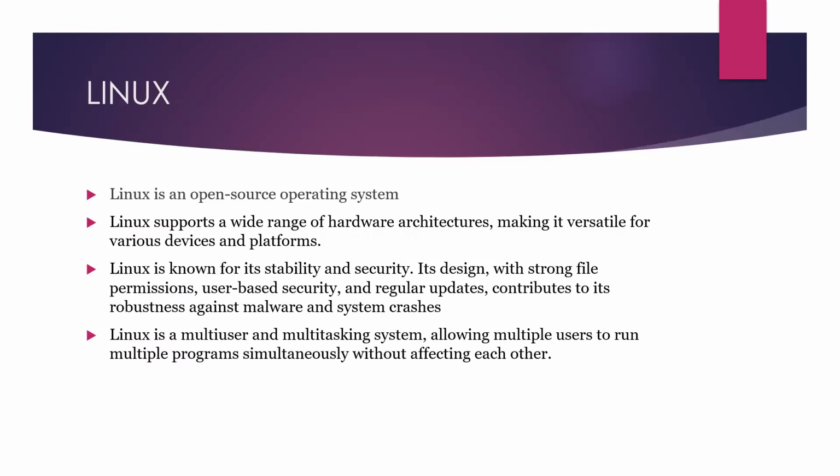So what exactly is this Linux system and what makes it different from a Windows environment? Linux is an open source operating system, right? You can just go to their website online. There are various Linux environments. Let me show you something here.